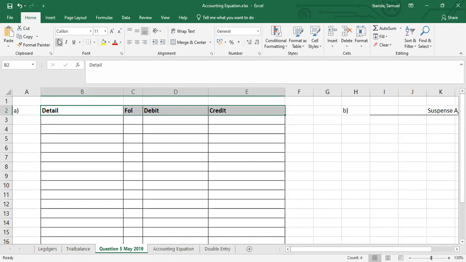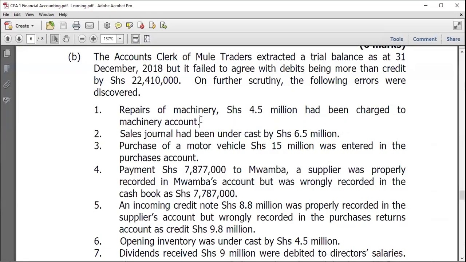So we are going to see our first transaction that is saying repairs of machinery, shillings 4.5 had been charged to the machinery account. Now, even before that, within your suspense account, since they have told you that it failed to agree with debits being more than the credits, it means that our suspense account has now a credit balance of this value.